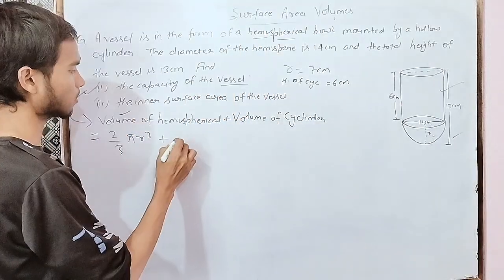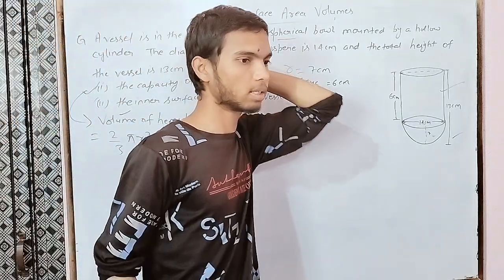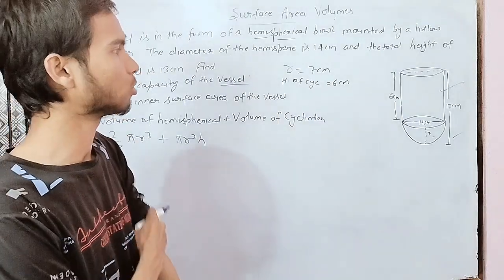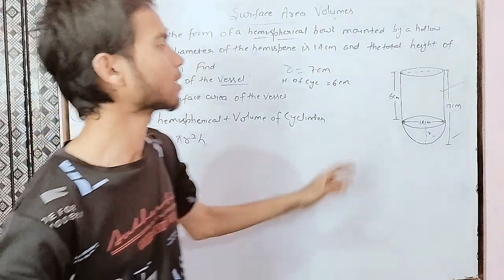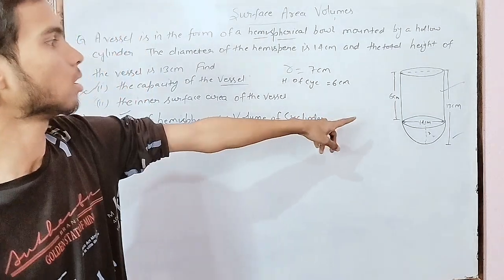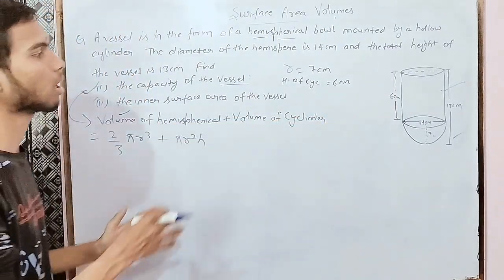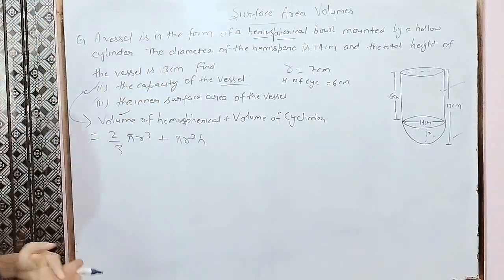We already know pi r square h. 2 pi r h would be the formula of the curved surface area of the cylinder, but here we are finding the total volume of the cylinder. So the formula would be pi r square h.